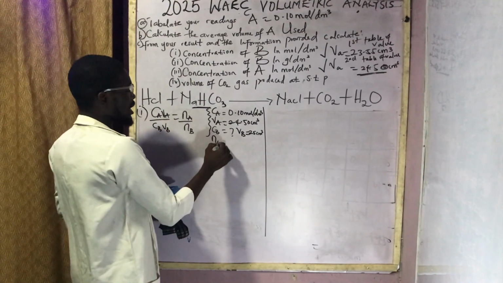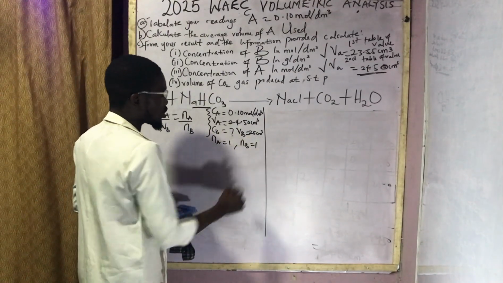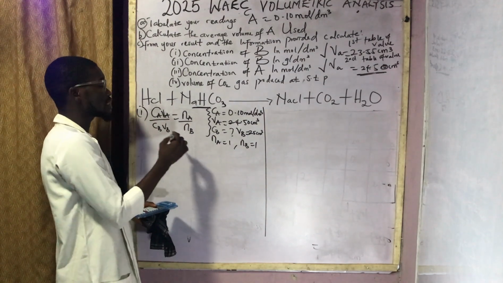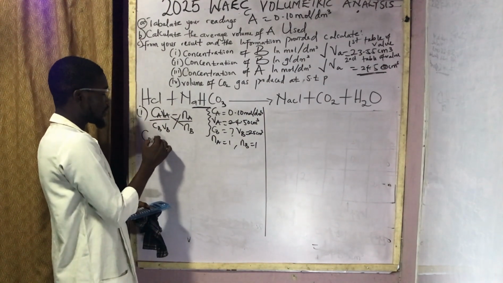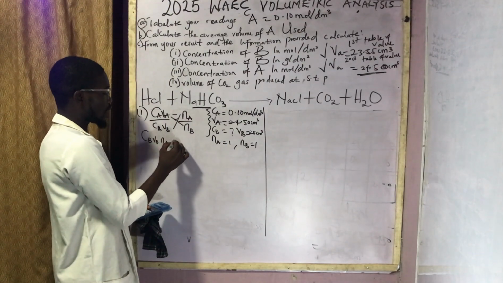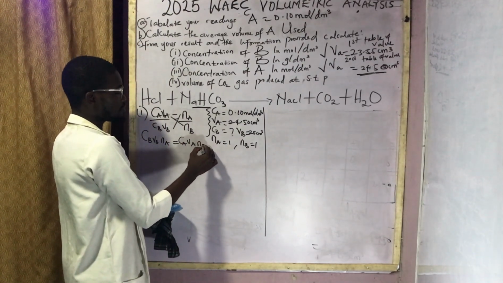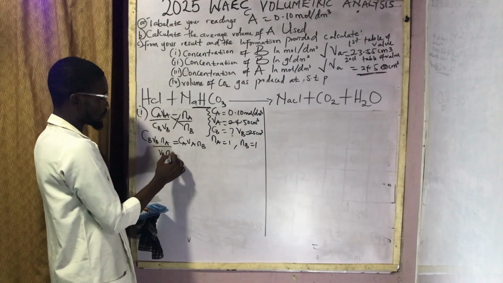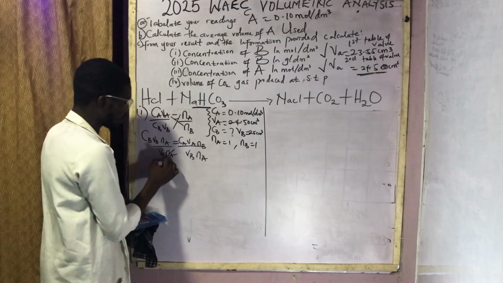Our Na is 1, and our Nb is also 1. We have to make Cb the subject of the formula. So let's cross multiply: CbVbNa equals CaVaNb. The coefficient of Cb is VbNa, so we cancel it.